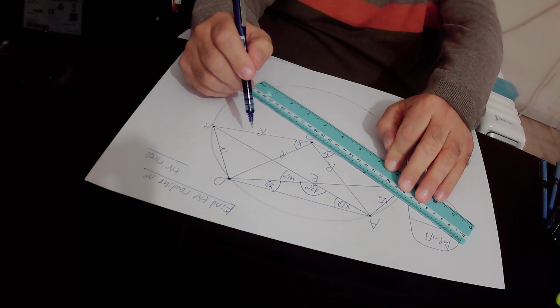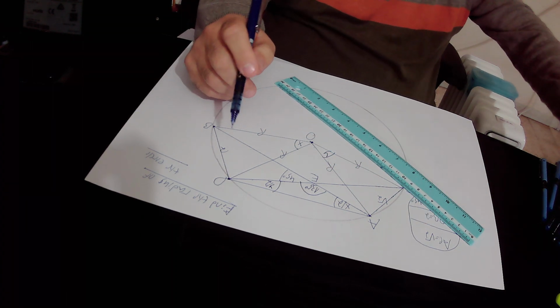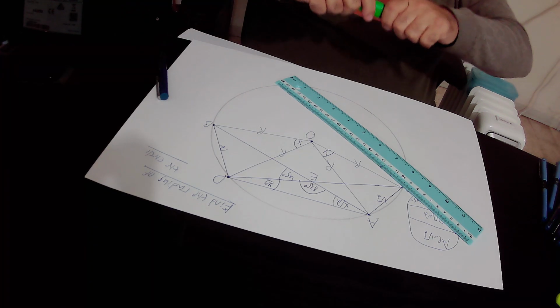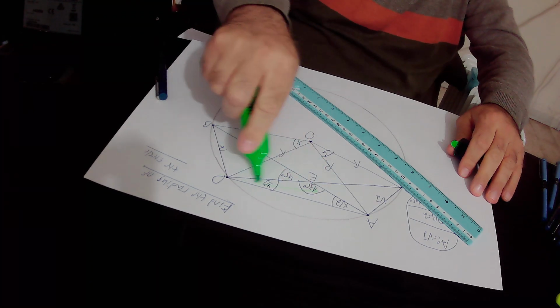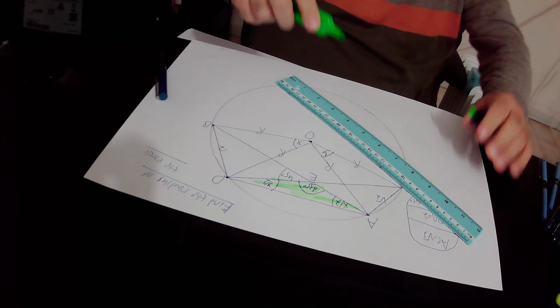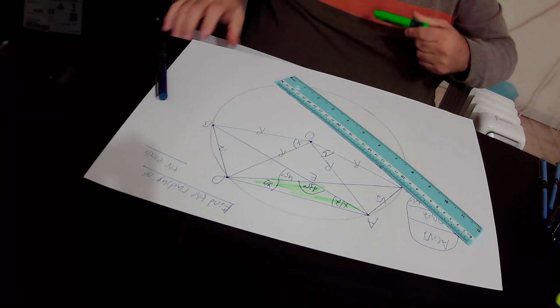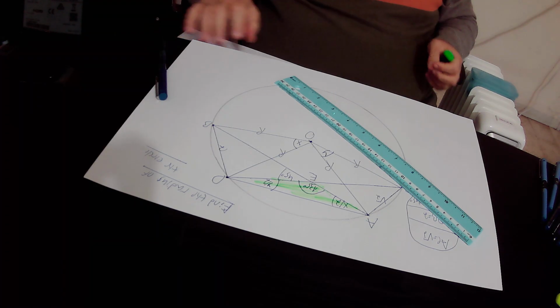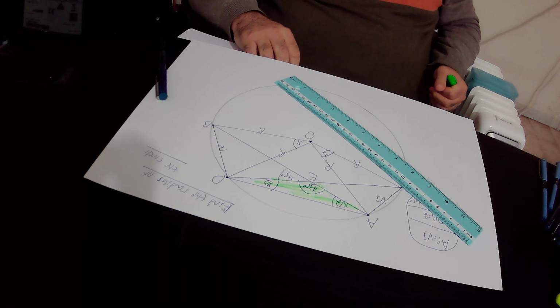Okay. In the next step, we'll focus on the green triangle AD. We know that the sum of the angles of any triangle is equal to 180 degrees.